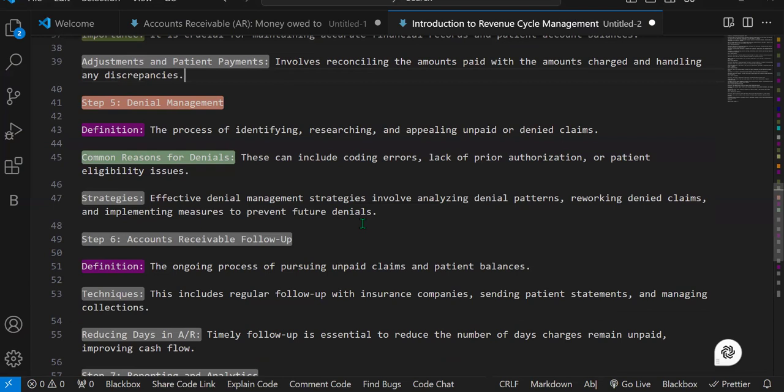Follow-up means, for example, you submitted the claim to the insurance company, but the insurance company did not pay that claim, so we need to work on that claim. If an employee is working on that claim, it is called an account receivable follow-up claim. Techniques include regular follow-up with insurance companies, sending patient statements, and managing collections.